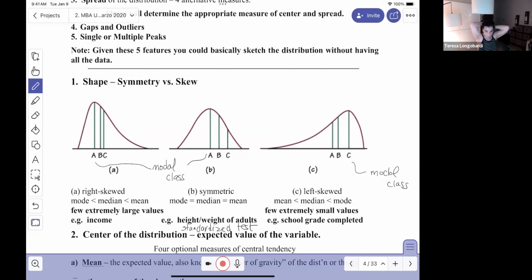That's not the only measure of center, though. The other one I told you about was the average, right? We begin with the symmetric distribution, and the modal class will be in the same place where we find the mean and the same place where we find the median. The mean is just the average of all of the values.